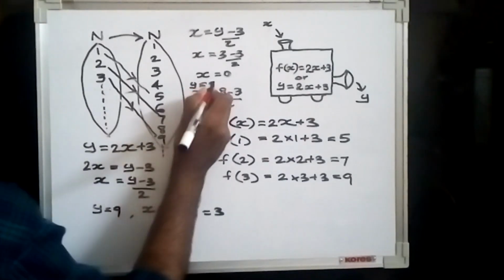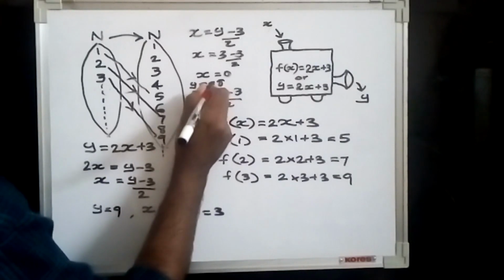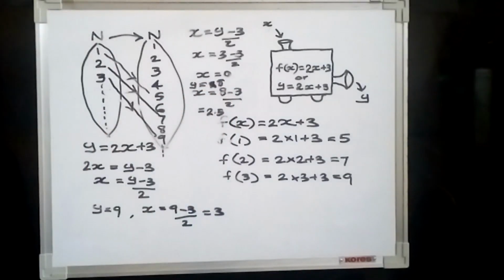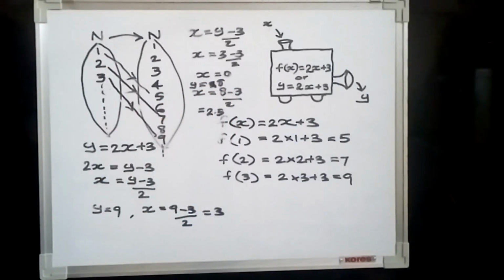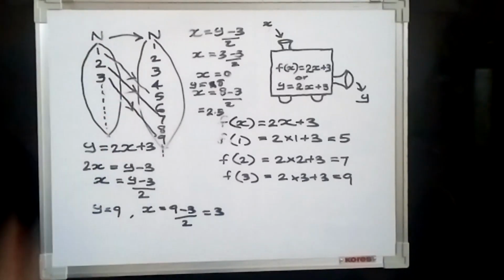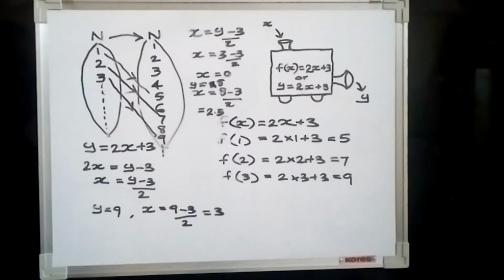When the value of y is 8, the value of x is 2.5, and 2.5 is also not a natural number. Thus, the reverse relation exists if and only if some conditions are satisfied.